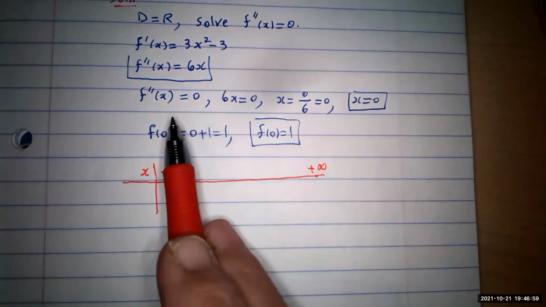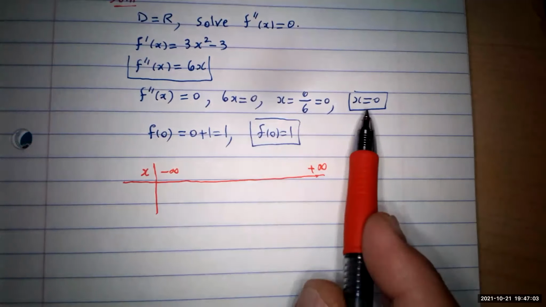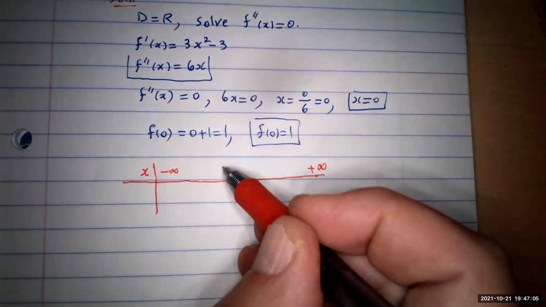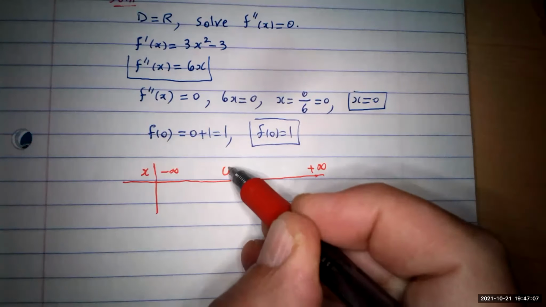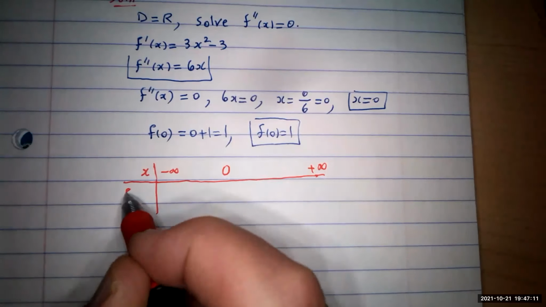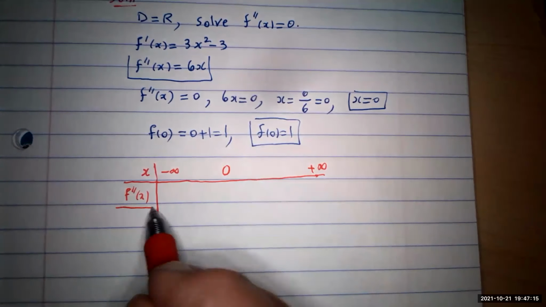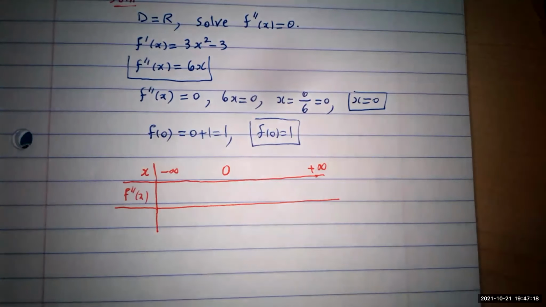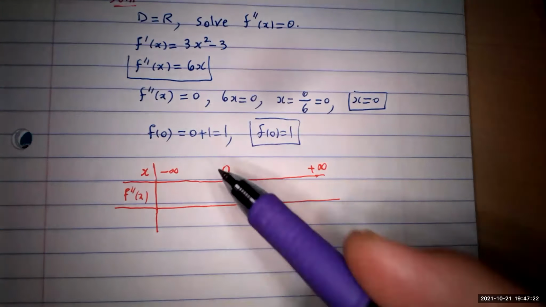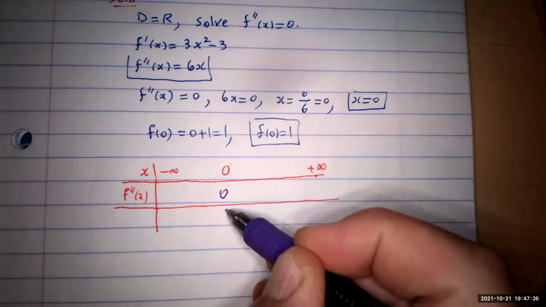The number that you're going to check is the one you got from the possible inflection point, so the number is 0. In this part you put f double prime, because you want to check its sign. And f double prime is 0 here, and f of 0 is equal to 1.